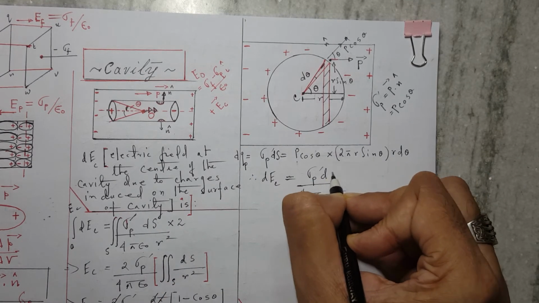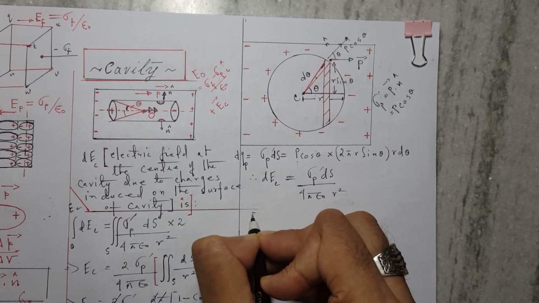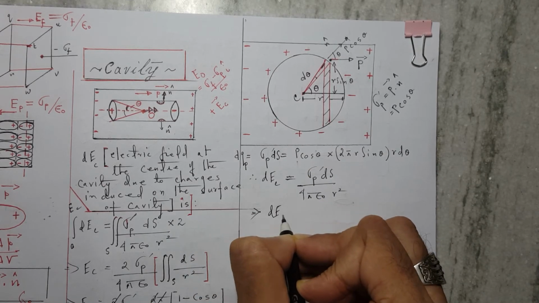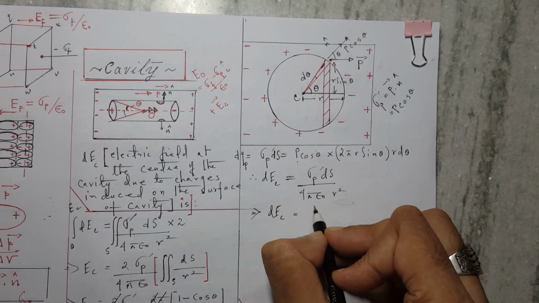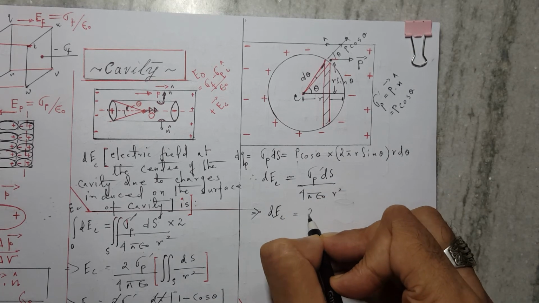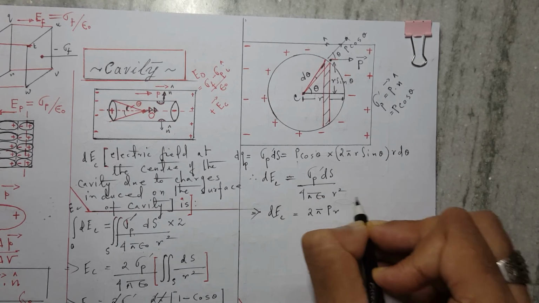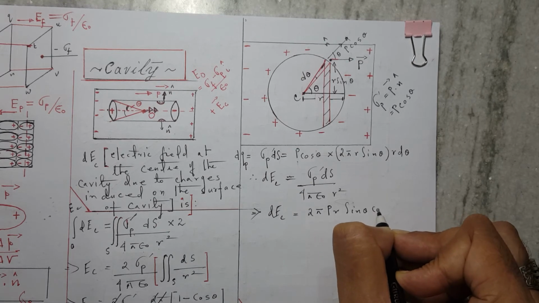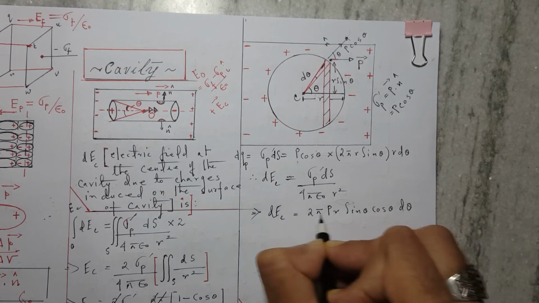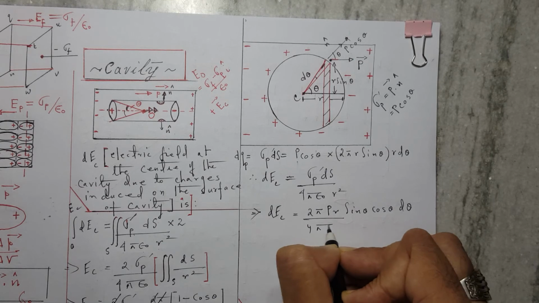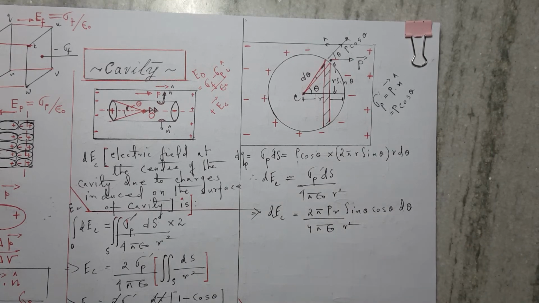So very clearly dEc can be written as 2 pi P R sin theta cos theta d theta divided by 4 pi epsilon 0 R square.